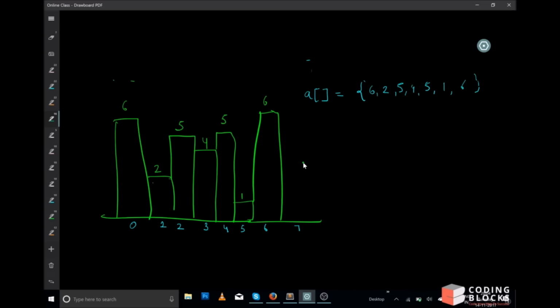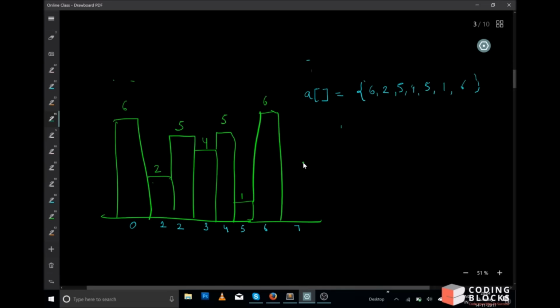So if the stack is empty, then you are going to have a formula like this. If stack is empty, then the area is going to be array of stack top, the topmost element you have, into I. I is the current index.